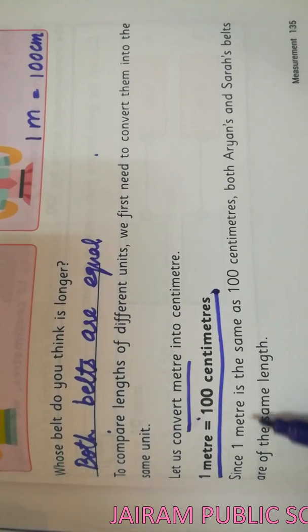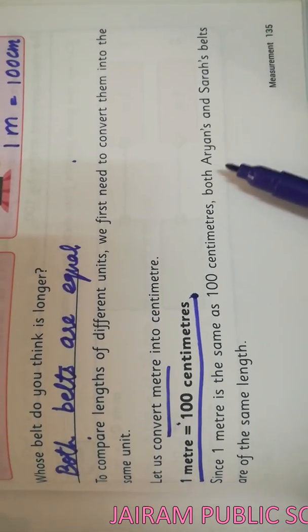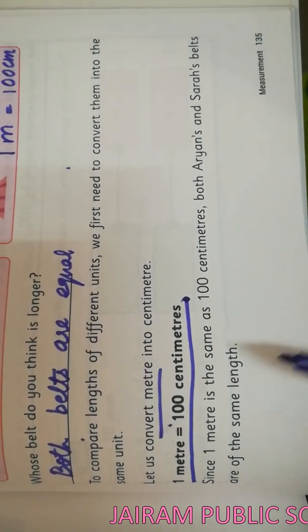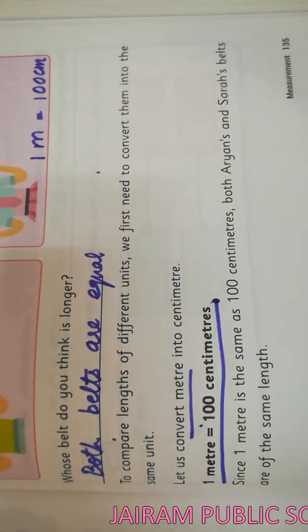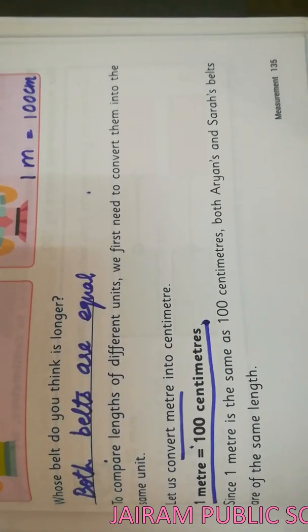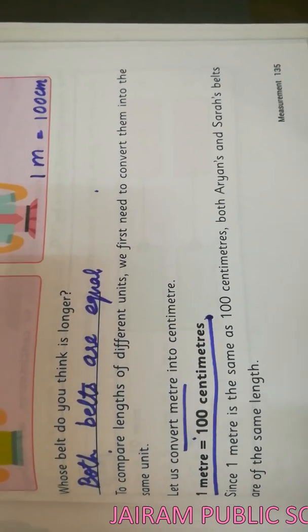Since 1 meter is the same as 100 centimeters, both Aryan's and Sarah's belts are of the same length. Like that, we have to compare two objects by converting them into the same unit, children.